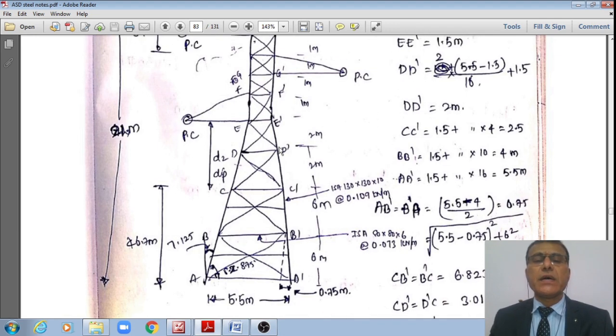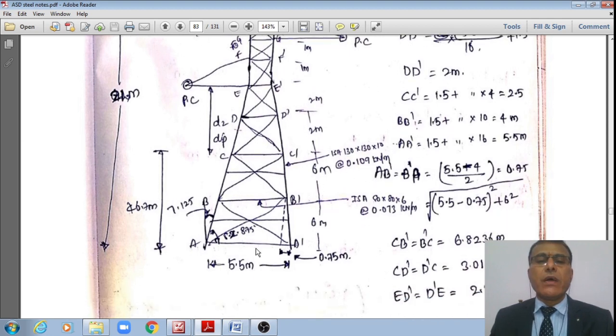And once I get the lengths of these horizontal members, student, now I'll try to get the lengths of these diagonals, AB prime or A prime B. For that, I know what this BB prime is. Just now we calculated it as 4 meter, but this AA prime is equal to 5.5 meter. Therefore, now I'll deduct 4 meter from 5.5 meter. 1.5 is left.